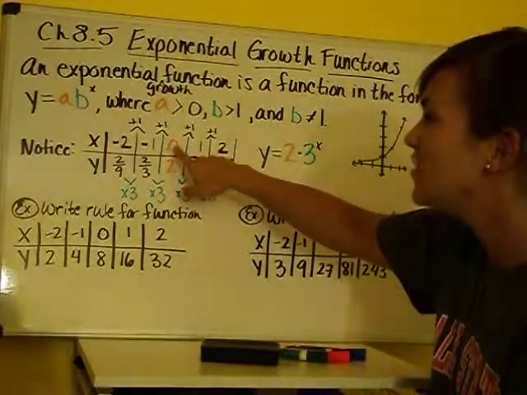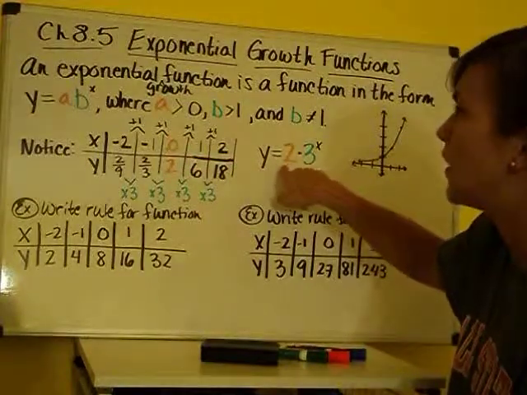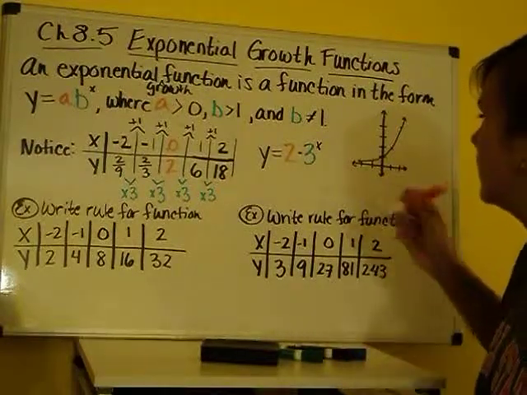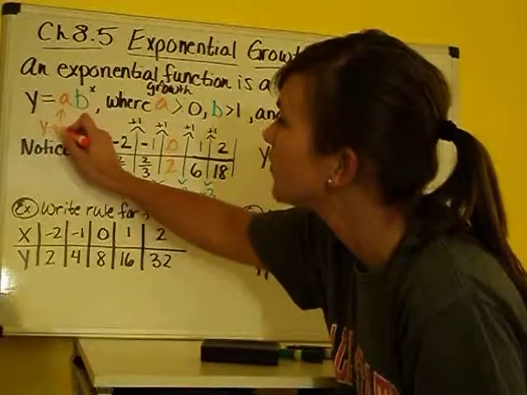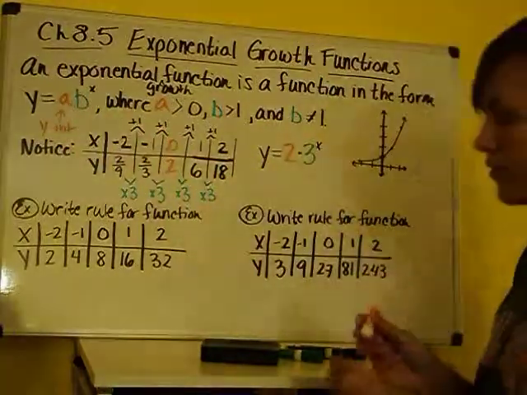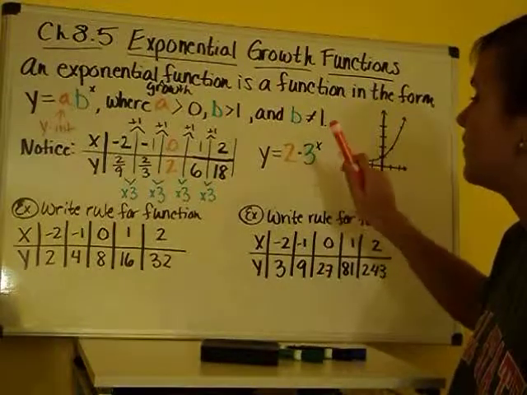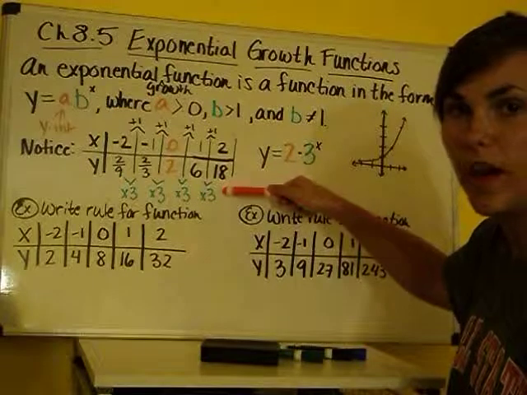Wherever x equals 0, that y value is going to be your corresponding a. So a is our y-intercept. And then our b is the rate that we are growing by.